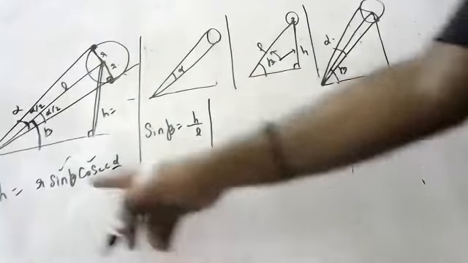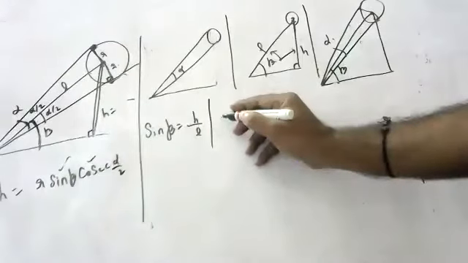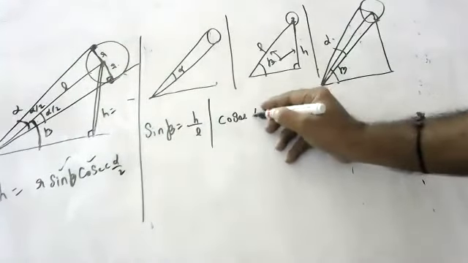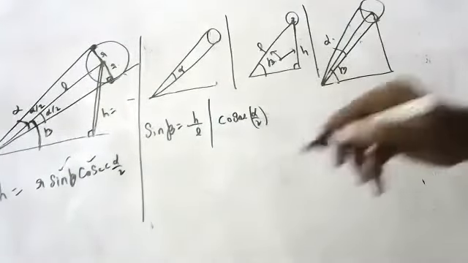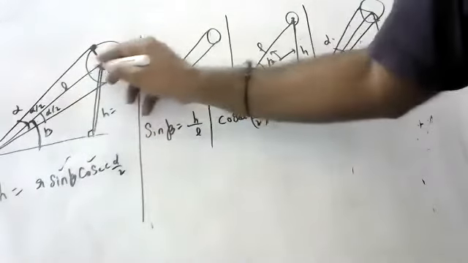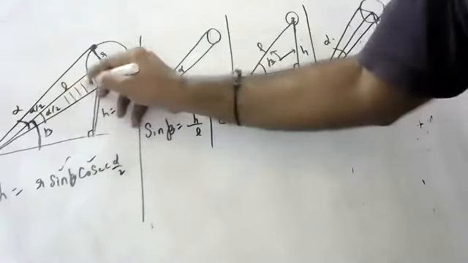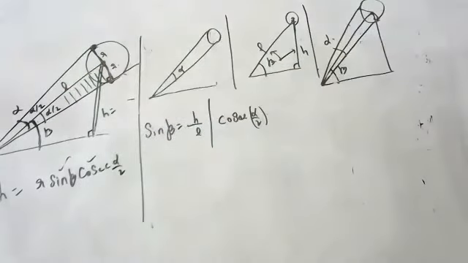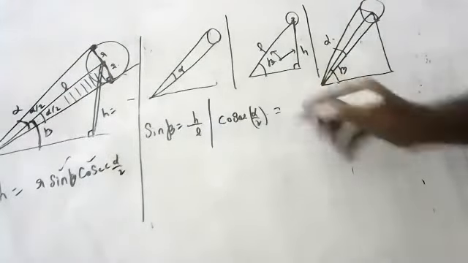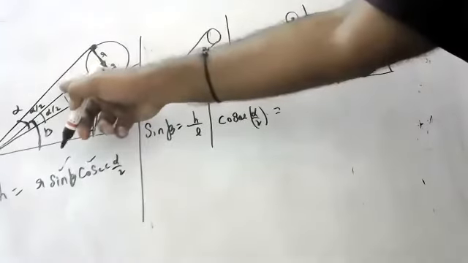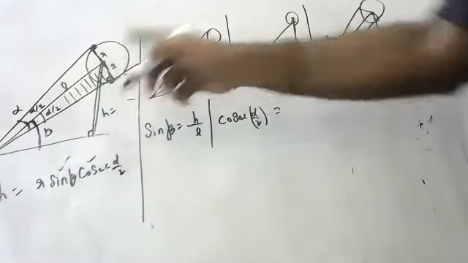Now, cosecant alpha by 2. See, children, cosecant alpha by 2, only in this small triangle, can you see? Cosecant means hypotenuse by opposite. Hypotenuse L by r.